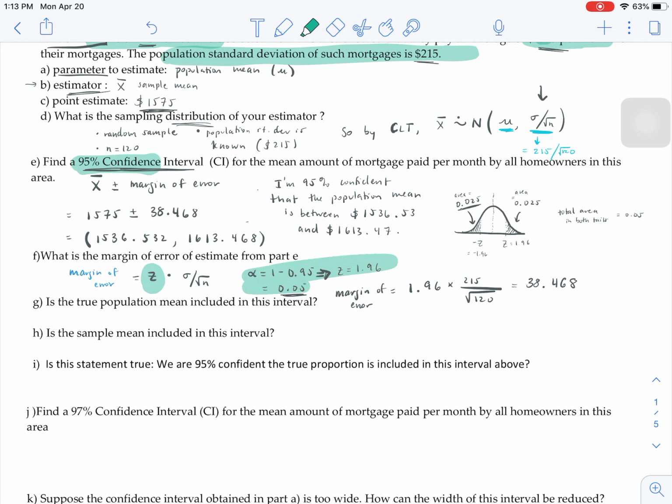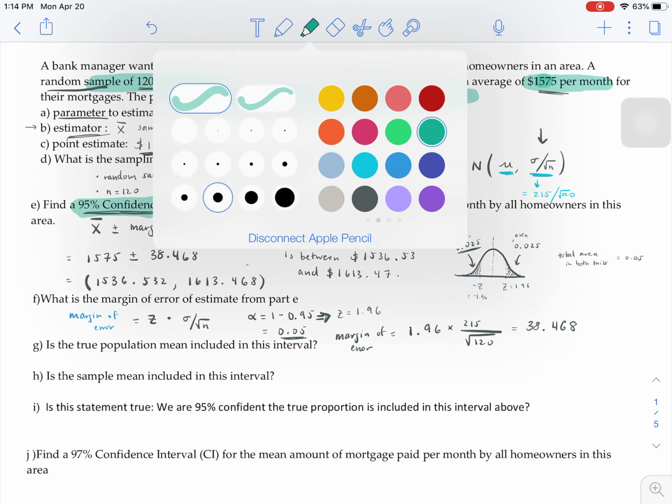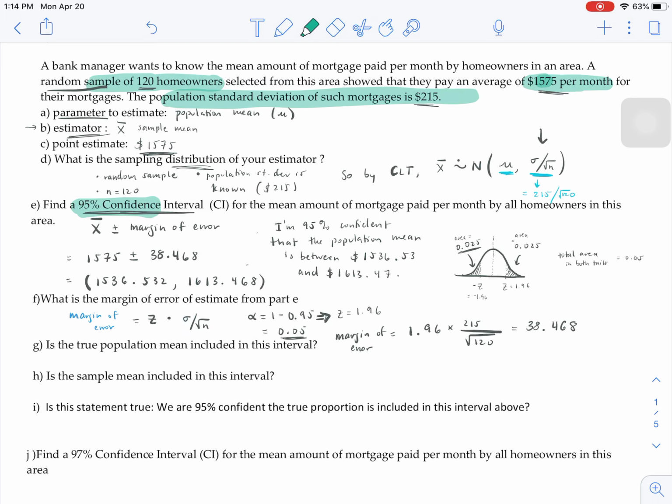That's what we did here. And we multiply our z-score by the standard deviation of our estimator, the standard deviation of the sample mean. Remember, we get that from the central limit theorem. So I just plug in the numbers that I have, sigma and root n, and I get my sample standard deviation. I multiply those two things together, my z-score and my standard deviation, to get my margin of error, which is about $39.